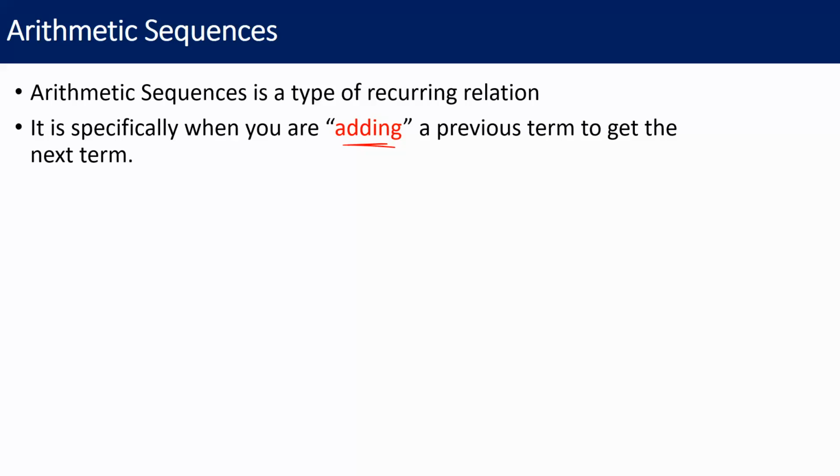If you're adding it, it's arithmetic. Adding negative makes it a minus really, but anytime you're adding to the previous term, whether it's a third or a fourth, it doesn't matter. If you're adding something to the previous term to get to the next, that is called an arithmetic sequence.